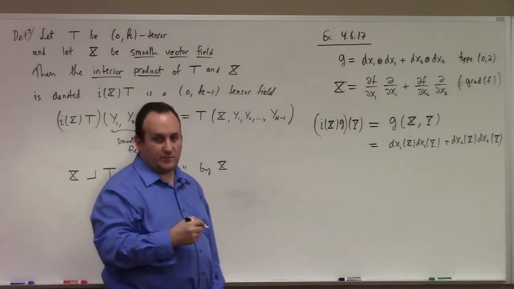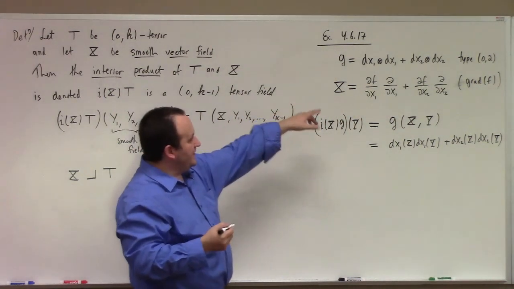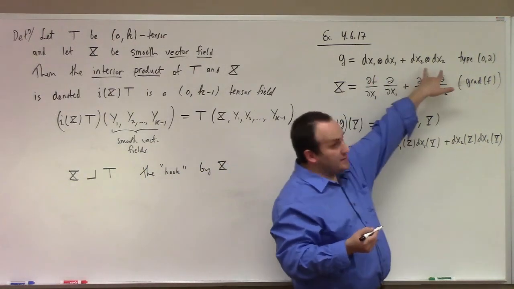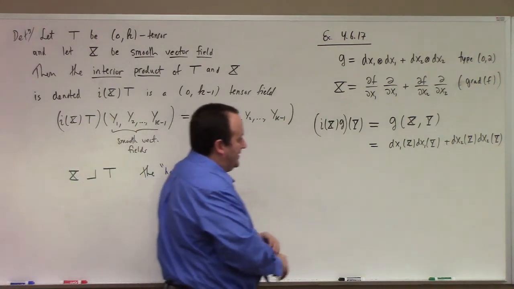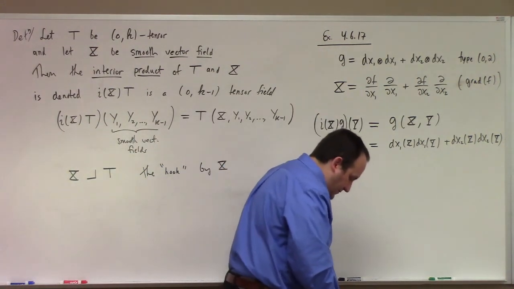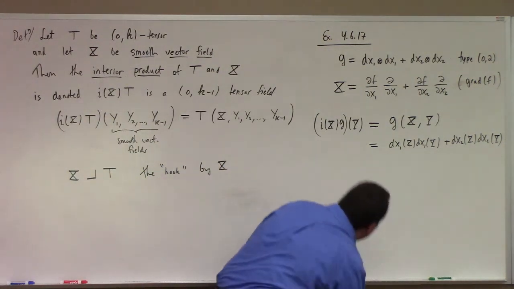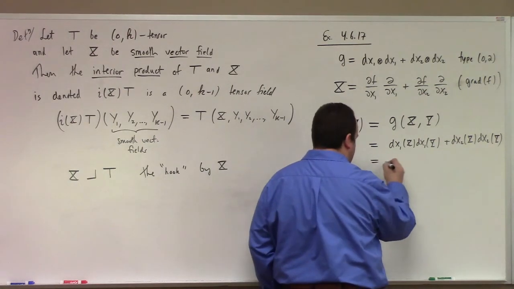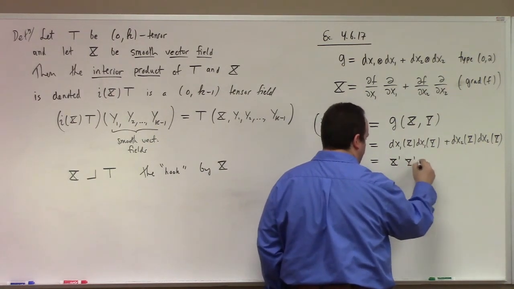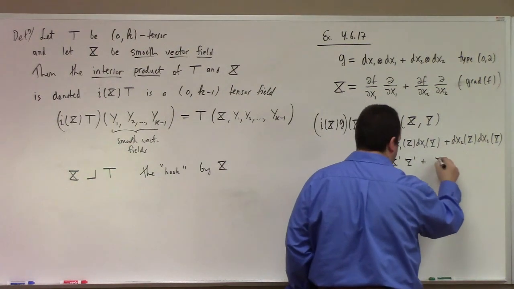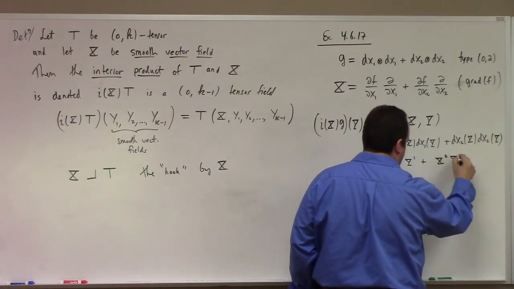Because that's how the tensor works. When you feed a pair to these, they eat the entries like that. But dx1 gives me the first component of X. This gives me the first component of Y. This gives me the second component of X. This gives me the second component of Y.